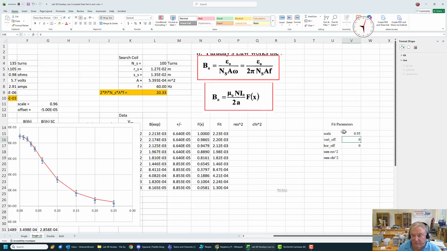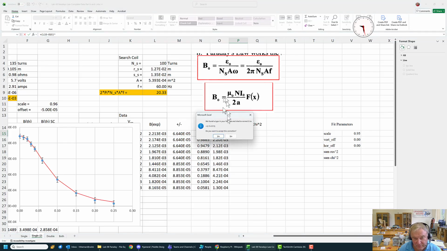Okay. So let's make these numbers for the time being, and we'll see how it goes. So this equals the data minus the fit, and then we have to square it.